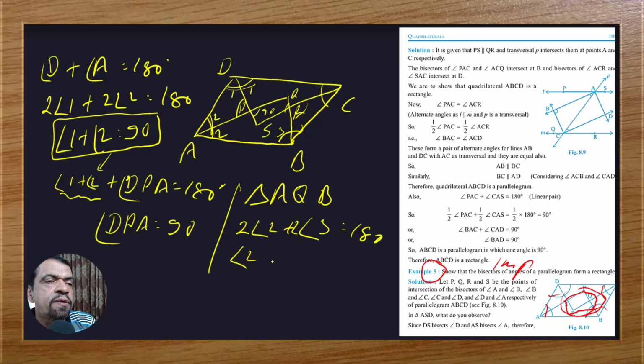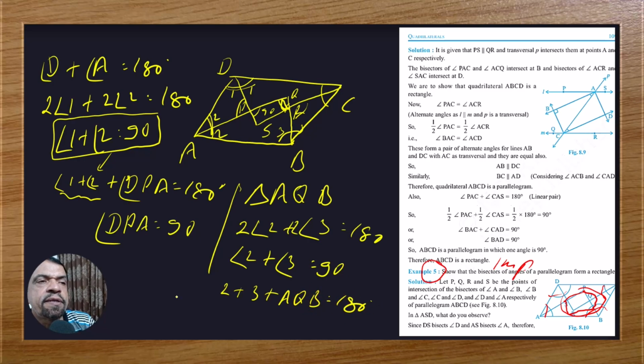So angle 2 plus angle 3 is 90. So by angle sum property, this Q will also be 90 degrees. In triangle AQB, this 2 plus 3 plus AQB is 180, so AQB will be 90 degrees. In a similar way we will take this triangle, this will also be 90.